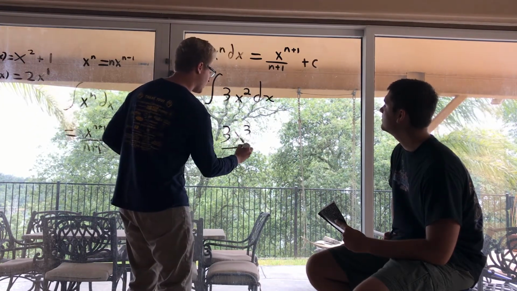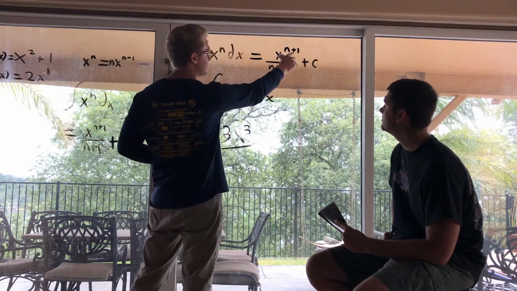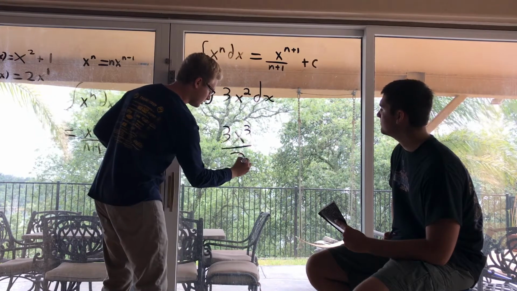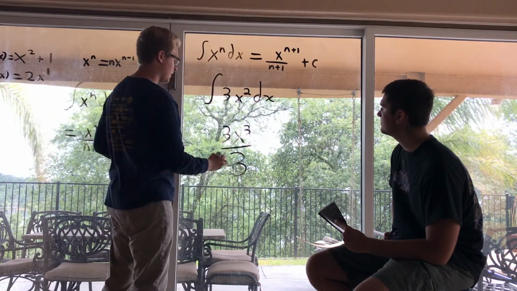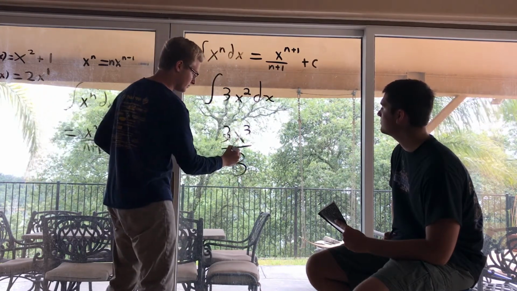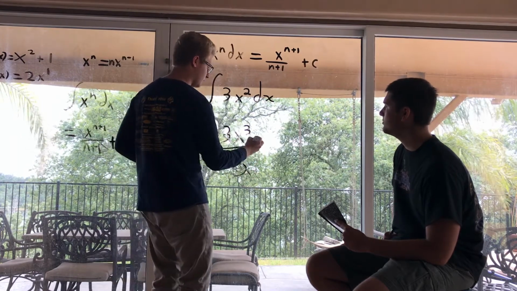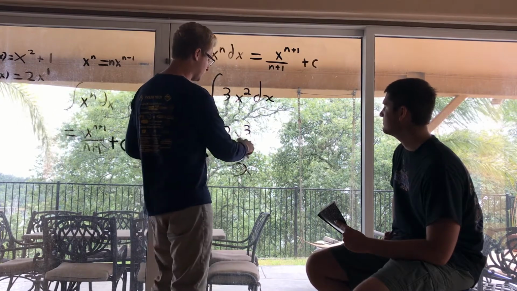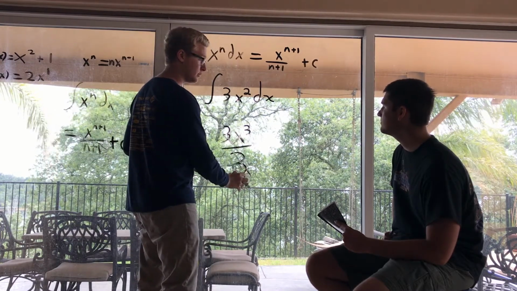And then we've got to divide by the same thing, right? We see the n plus 1 up here, so it's going to be the same value that we're dividing by. So we'll put a 3 down here. And then these 3's can now cancel. But not the exponent 3. That one won't cancel. If you had an x to the third down below, you could cancel it, but that would be a different problem.